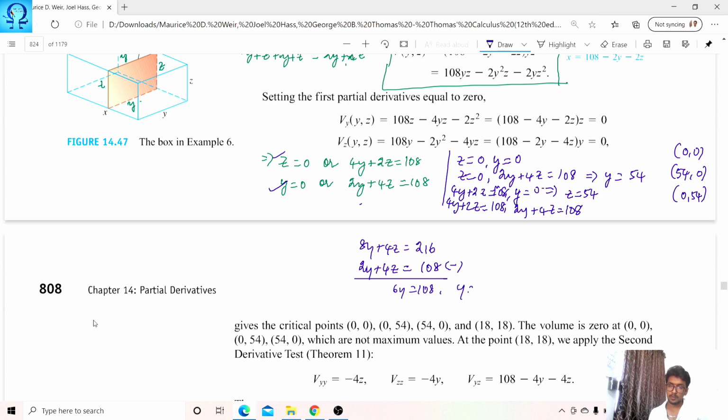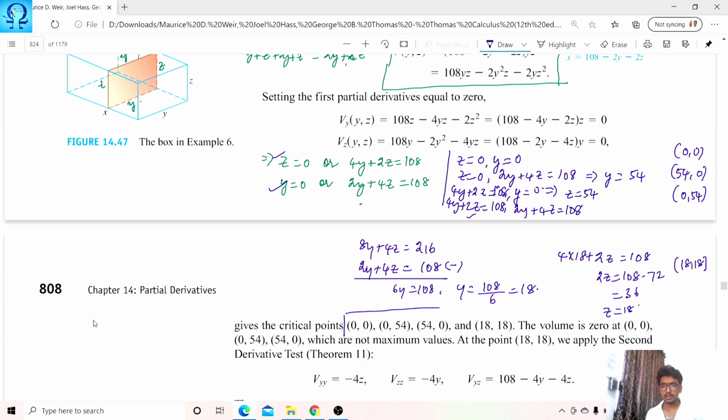So my y is equal to 108 upon 6, that turns out to be 18. When I give y is equal to 18 in the first one, 4 times 18 plus 2z equals 108. So it is 72. So 2z is equal to 108 minus 72, that happens to be 36. Therefore, my z value is 18. So this contributes the point 18 comma 18.